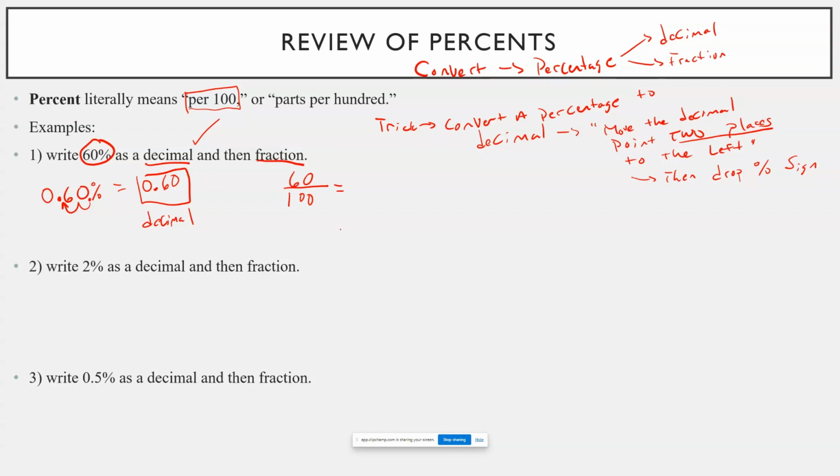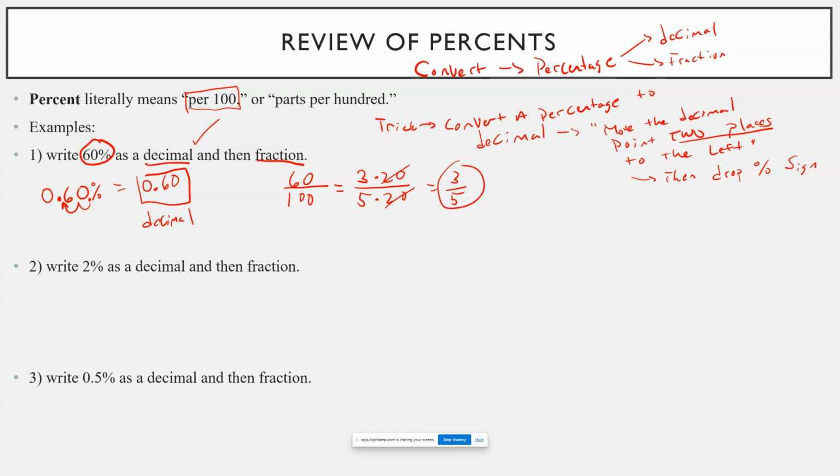One way that I simplify this is, what's the largest number that goes into both 60 and 100? I think it's 20. So 60 can be rewritten as 3 times 20, and 100 can be written as 5 times 20. The common value in both the numerator and denominator will cancel out. And you'll notice that this simplifies to 3/5.